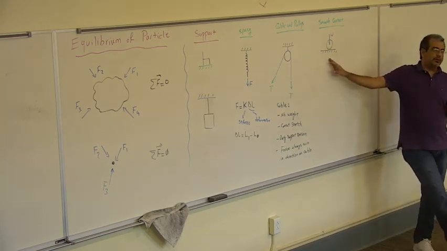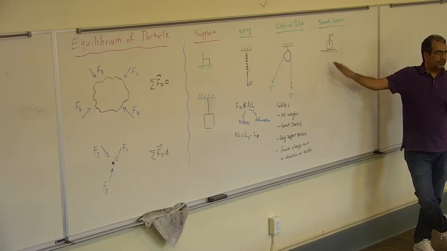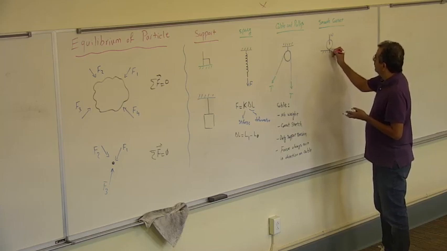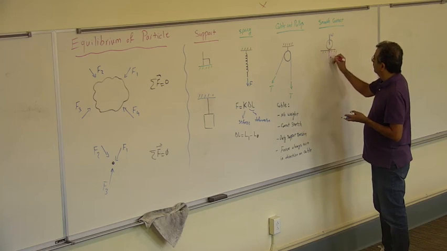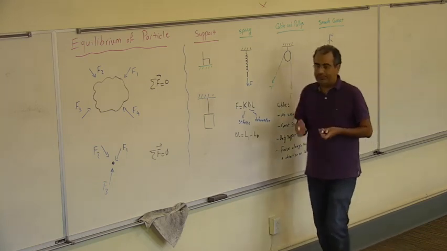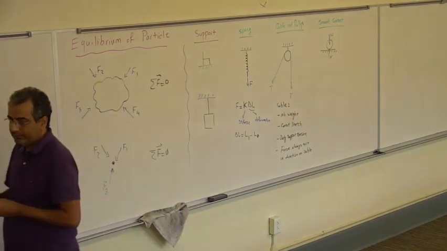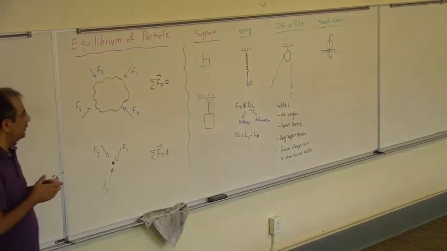In the smooth contact, the reaction of the support is always perpendicular to the support. So here I have the reaction of the support. It's going to be like that, perpendicular to the point that you're talking about.